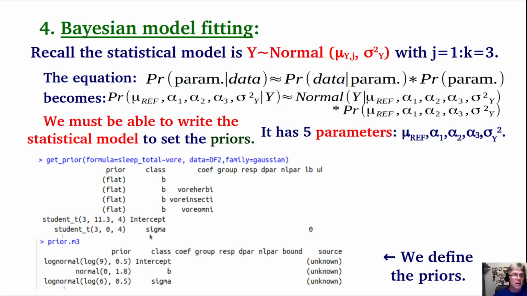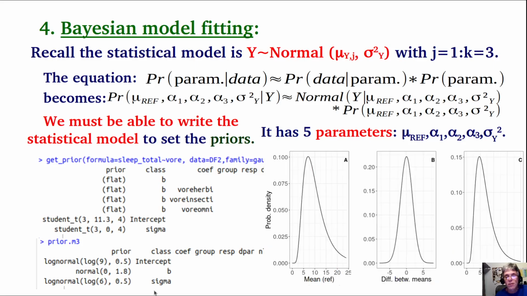I defined the following priors using a log normal distribution. We are going to see in a second what that means. For the intercept, and normal priors for the coefficients of type b, which means that I am defining these priors for all these differentials, the 3 differentials, and I use again a log normal distribution for the sigma, the standard deviation of the response variable.